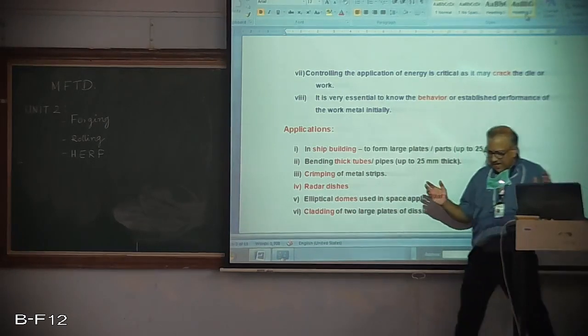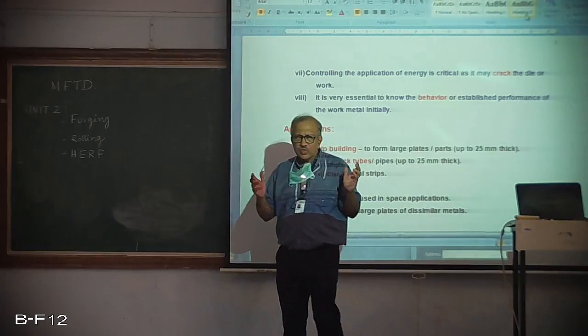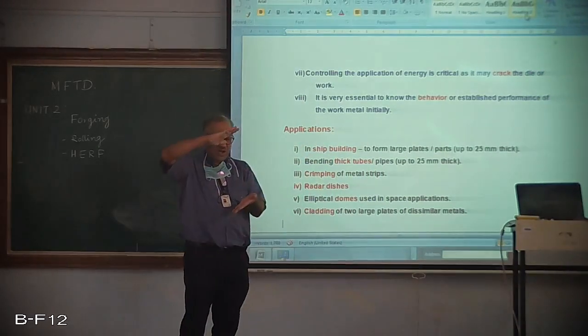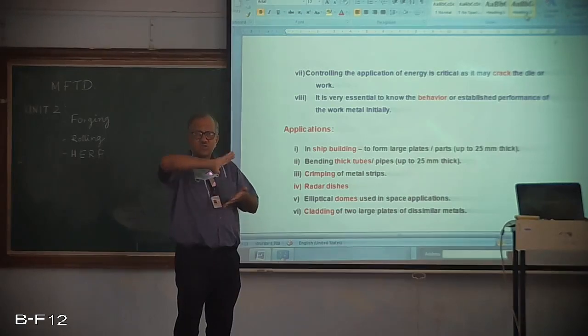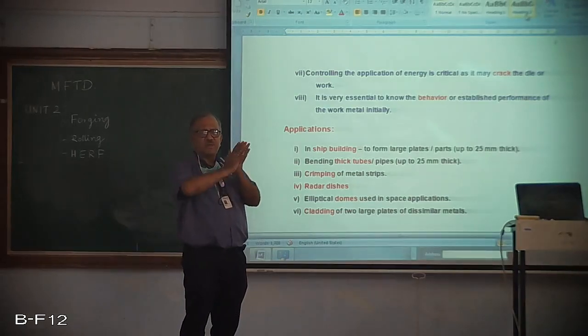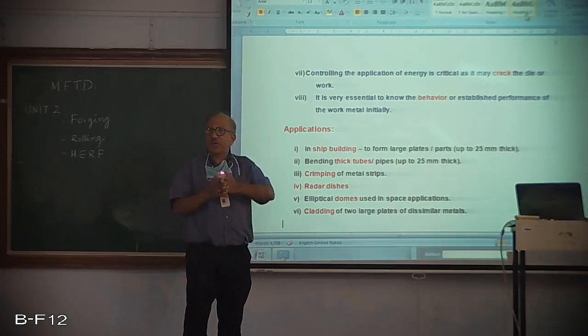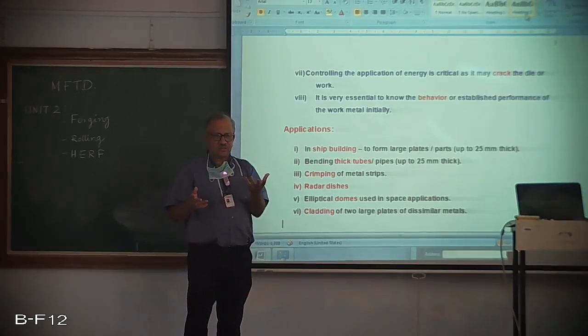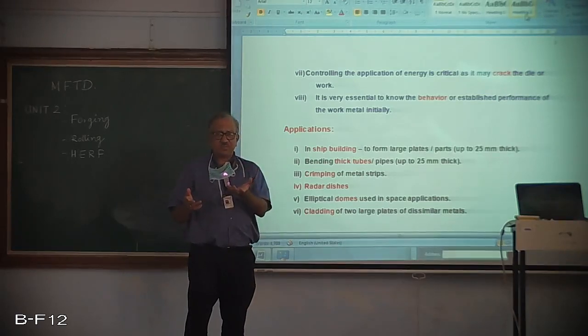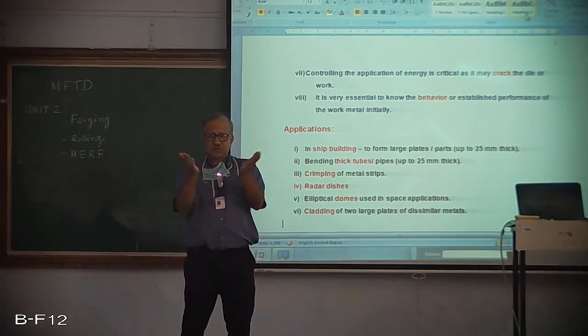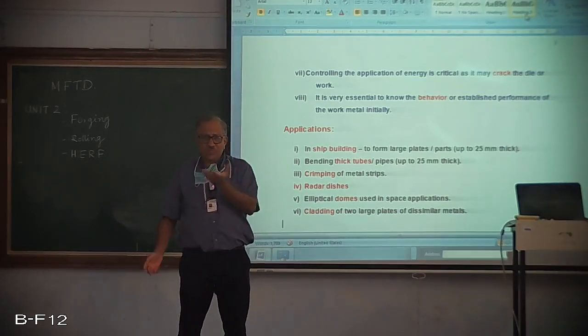The meaning of cladding is that two metals are cladded or joined so that the benefits of both the metals are obtained. One example is a copper bottom steel vessel, a stainless steel kitchen appliance or utensil with a copper bottom.